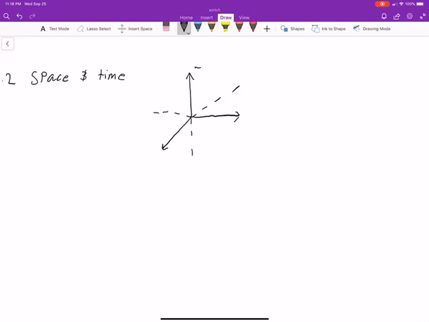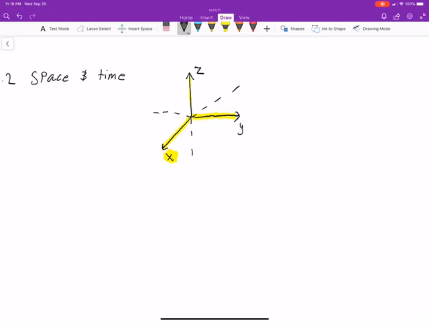I'm just going to call this Z, this X, and this Y. Sometimes you see Z pointing out at you. Sometimes X is along the Y-axis, Y is along the Z-axis, and Z is pointing along the X-axis, depending if you're working with physics or math. This is one interpretation.